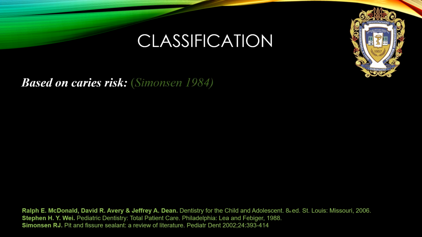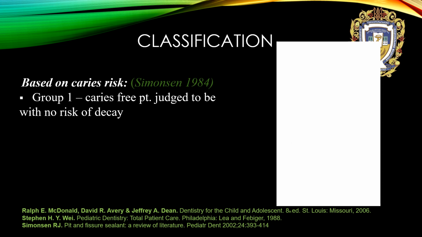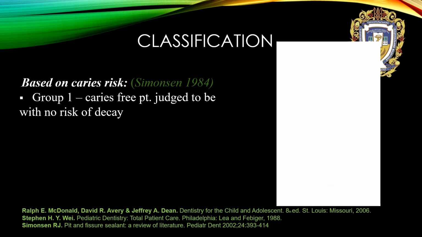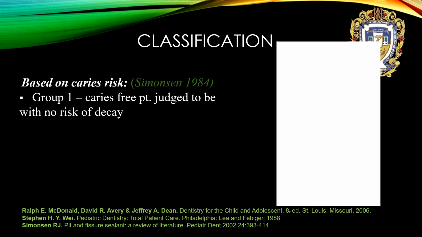Next, classification based on caries risk. Risk according to Simonsen, 1984. It is classification of patients. Group 1, caries-free patients judged to be with no risk of decay.